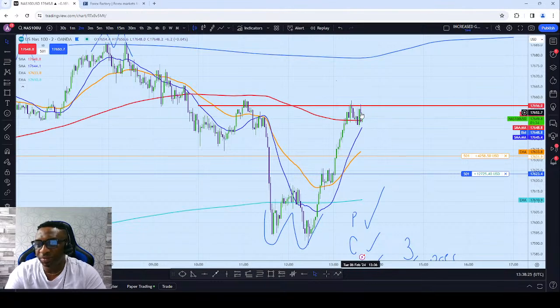Price is holding on at this level, it's not breaking through easily. So this is the very area I said you could take your profit from here. Then you look for another opportunity to enter.